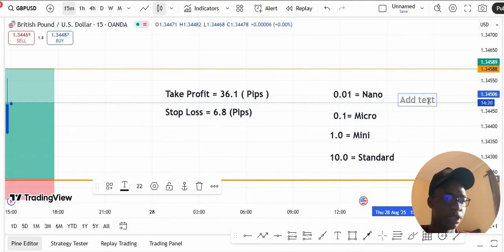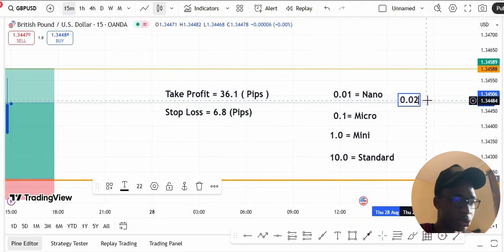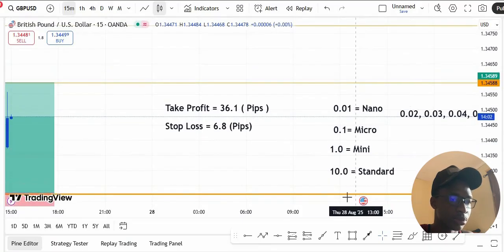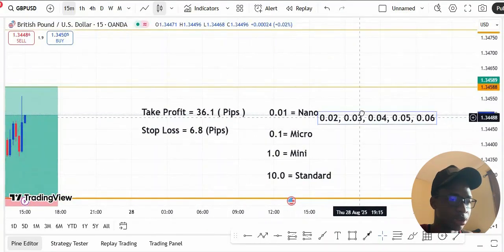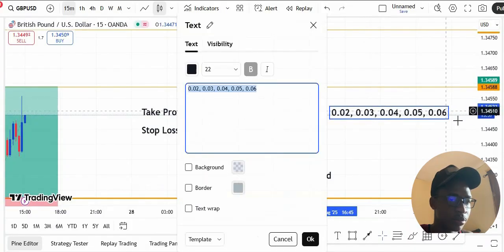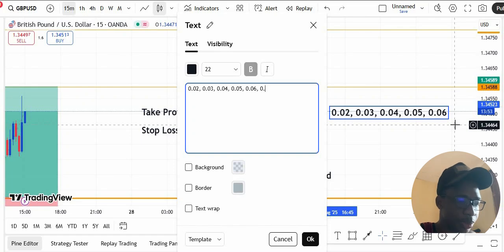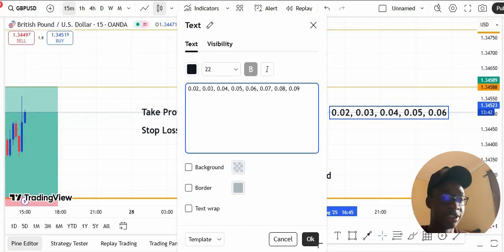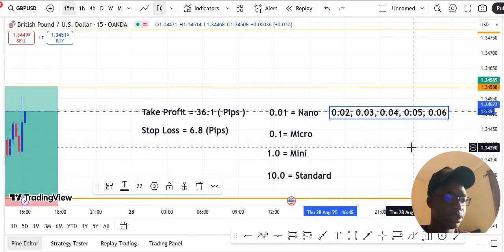So it's going to be 0.02, 0.03, 0.04, 0.05, 0.06, 0.07, 0.08, 0.09.